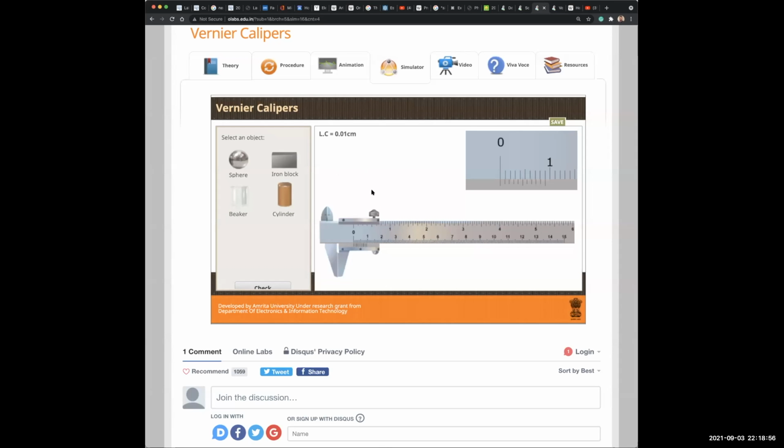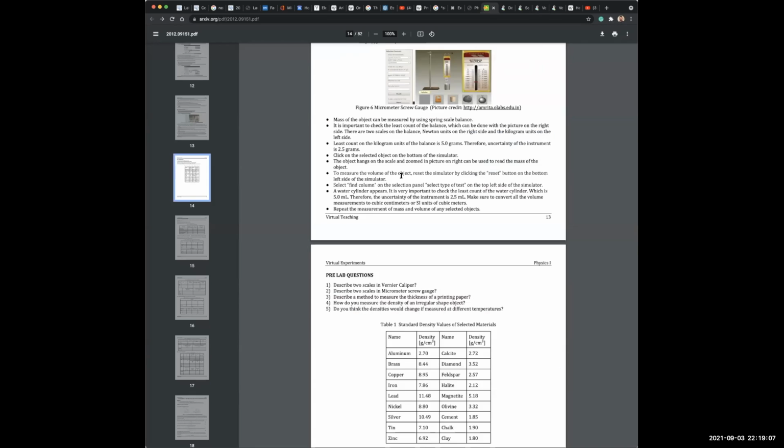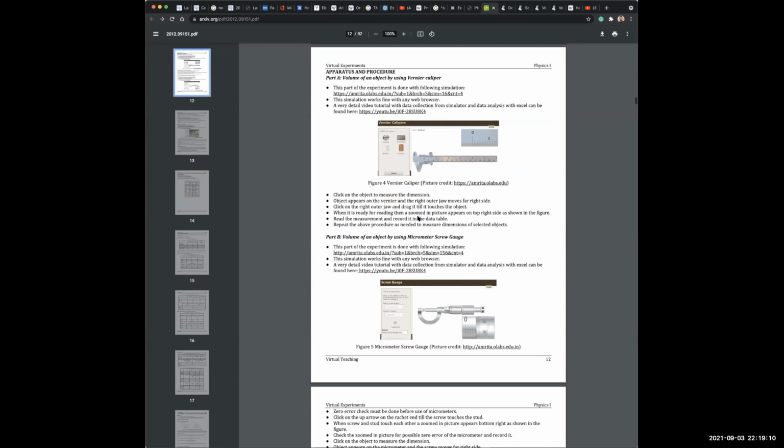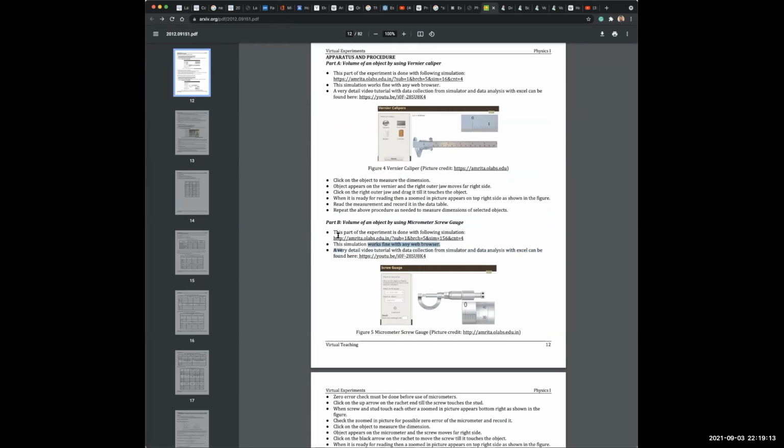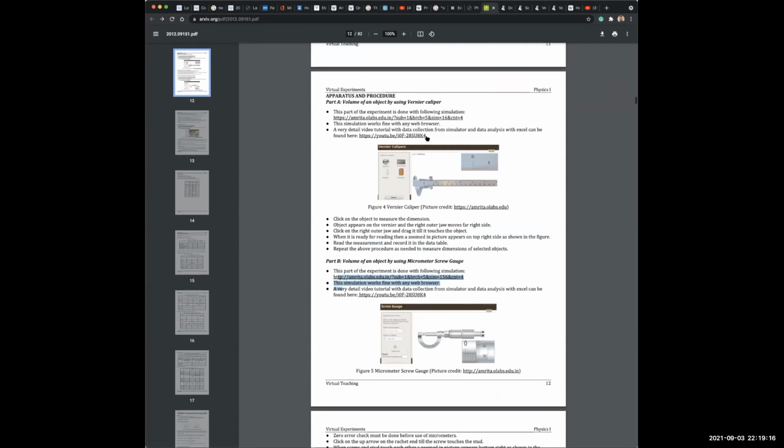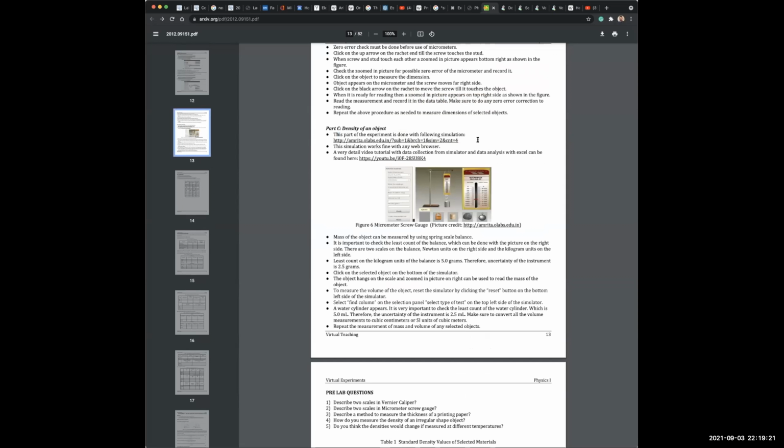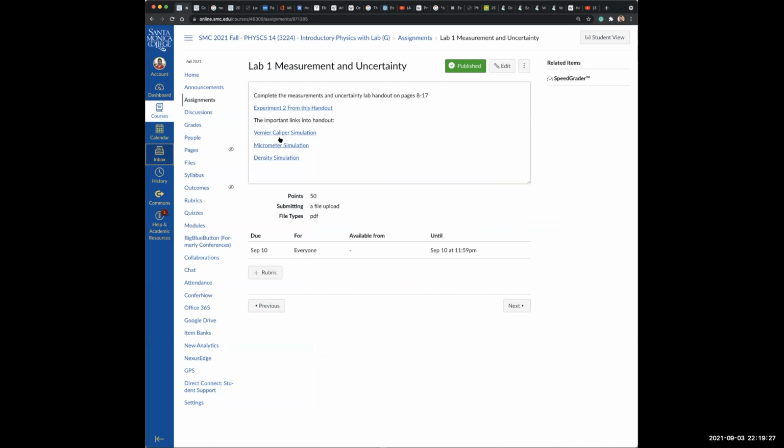When you first open up the link, apparently sometimes if you try the links here, these are the correct links, like this one right here, and this one, and this last one, sometimes it'll trip up your security. So you should use these ones here. These also give you the same links. It's the vernier caliper simulation, the micrometer simulation, and the density simulation.